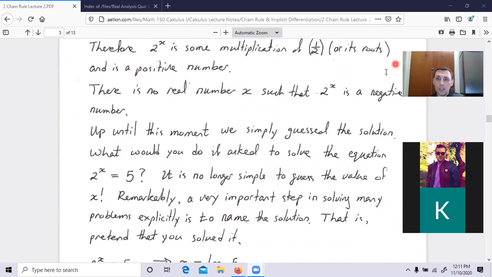Now we get to the next complexity. What about 2 to the x equal to 5?